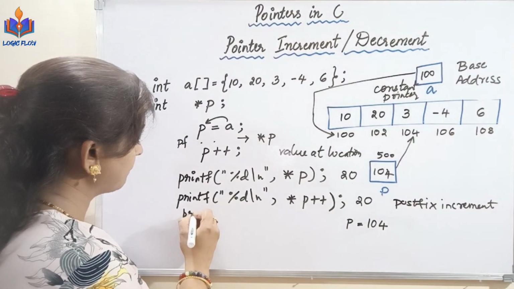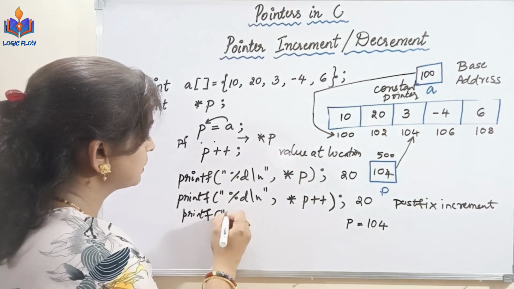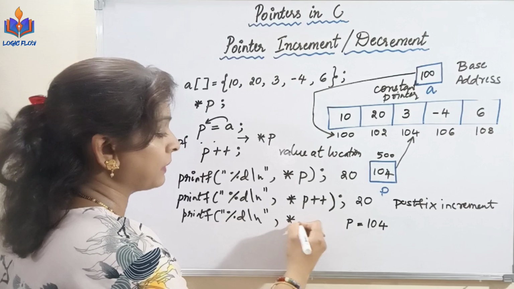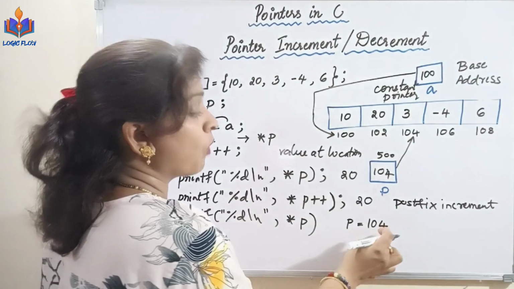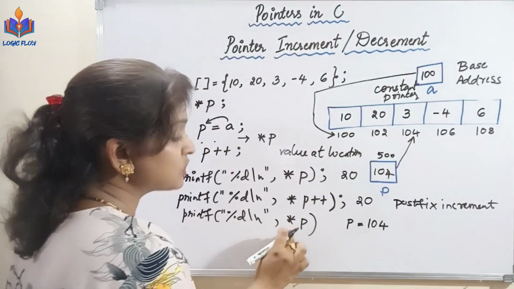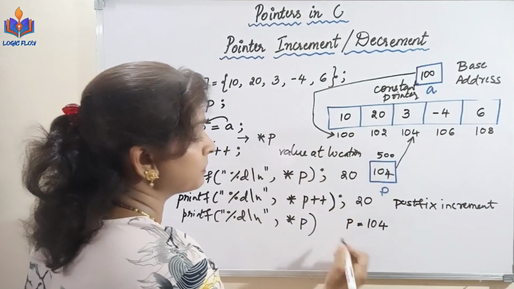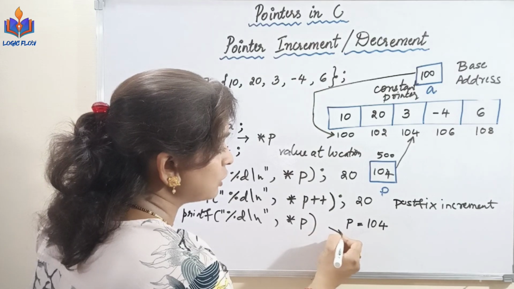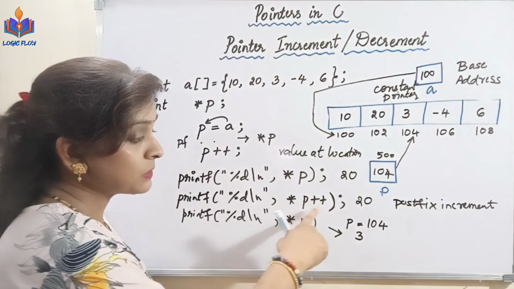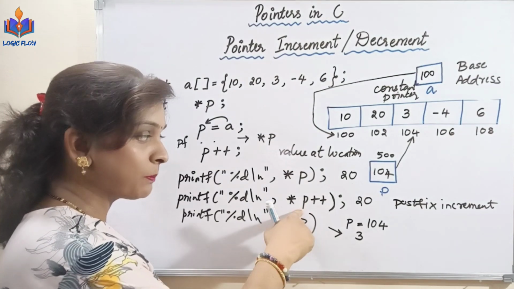Now I'll say printf %d new line asterisk P. What is P? 104. So it is pointing to the next location. Asterisk P means the value at that location, so for this line the value will be 3. Right. This is postfix increment with pointer.